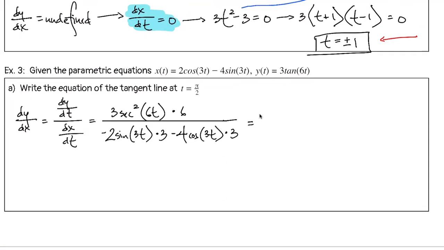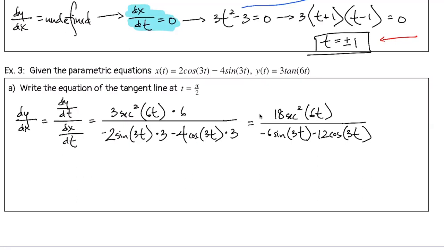Now, some of you were probably able to jump right to the actual derivative, which is fine, okay? But we've got 18 secant squared 6t over negative 6 sine of 3t minus 12 cosine of 3t.